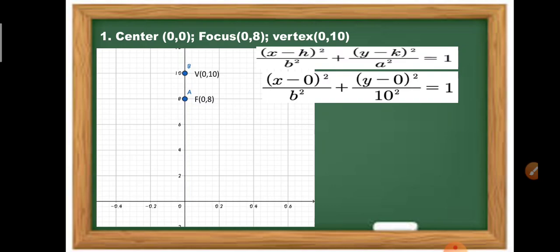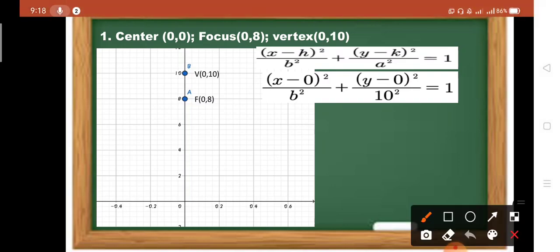Now we need to substitute the values. Our h and k is the center, so (0, 0). So our h and k is 0. And our a squared is 10 squared, because the value of a is the distance from 0 to the vertex.